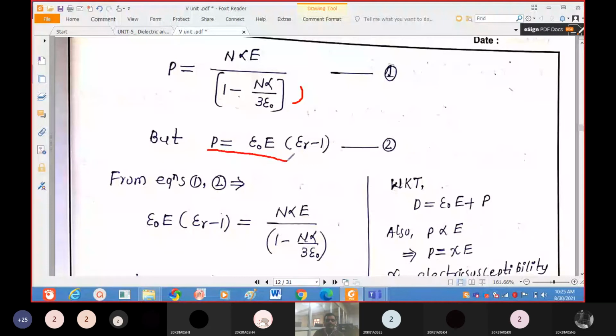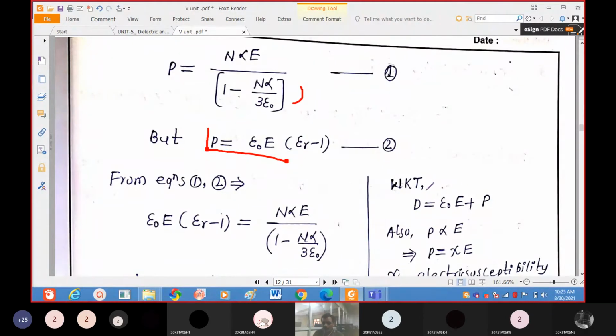Now there is another relation: P equals epsilon naught E into epsilon r minus 1. Let us call this equation number 2. How do we get this relation? You can learn it by heart, or there is a method to derive it, and I will explain that method also.